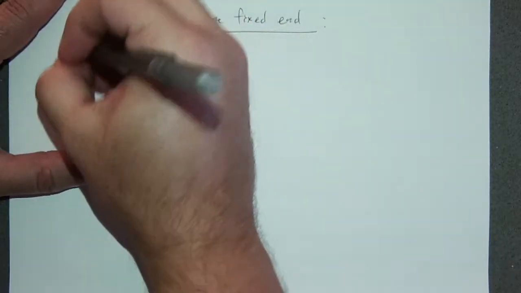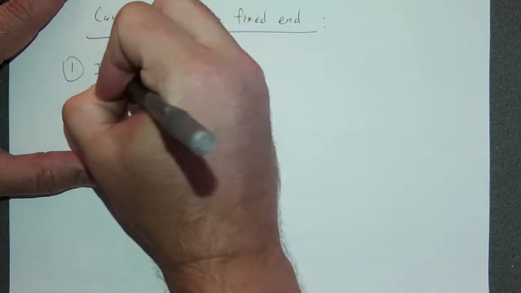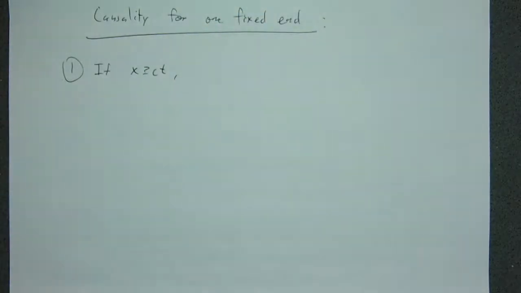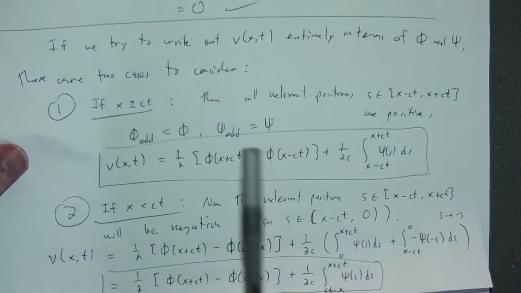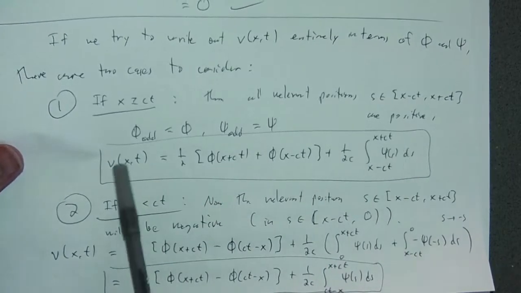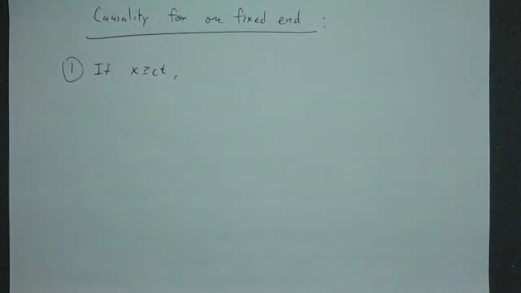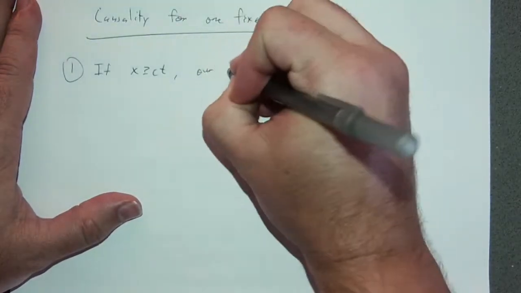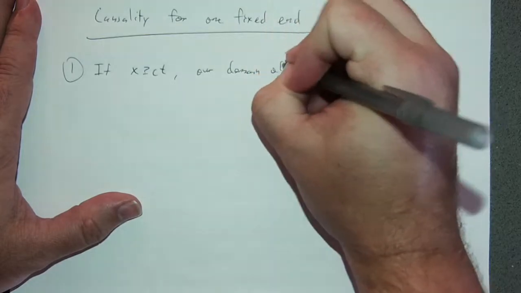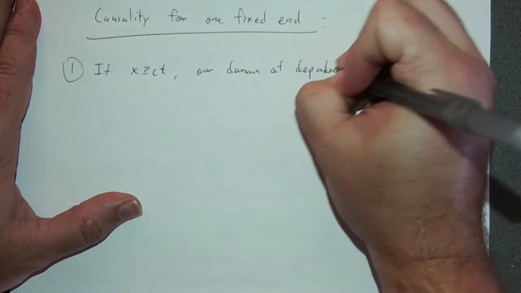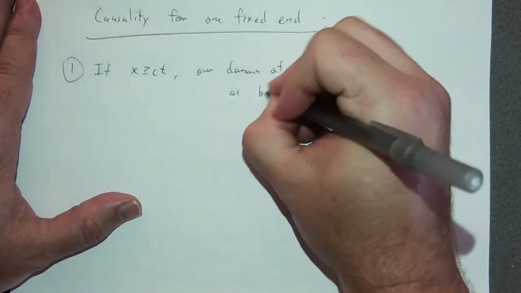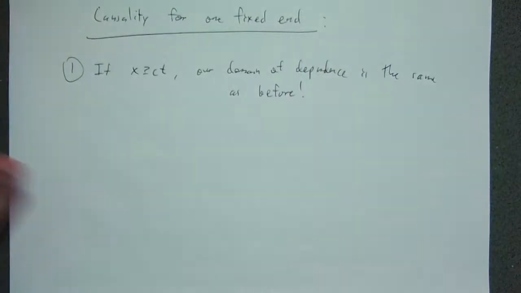One, if x is greater than or equal to ct, then this is just D'Alembert's formula, right? And our domain of dependence is exactly the same as before. So it's that shaded triangle like it always was.